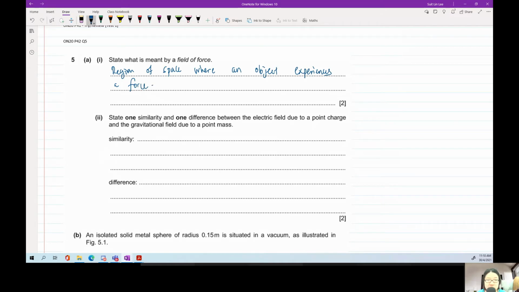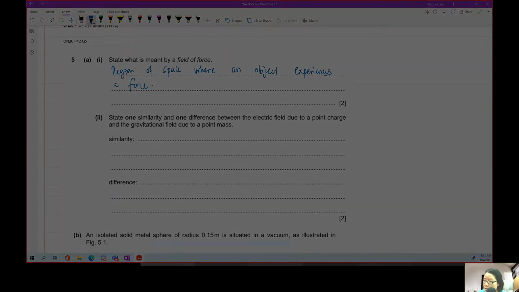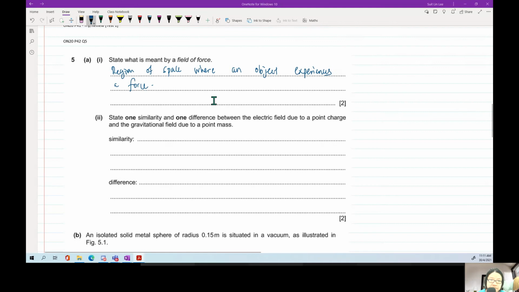For example, if it's a gravitational field, then it's a region of space where a mass experiences a force. If it's an electric field, it's a region of space where a charge experiences a force. If it's a magnetic field, it will be a region of space where a magnetic pole experiences a force. If they ask you to define electric field, then you have to be a bit more specific. If not, this is fine.